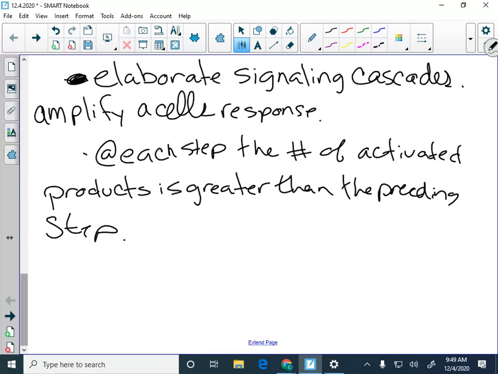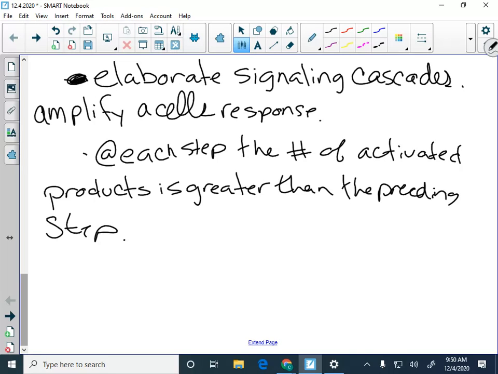So if an active protein kinase 1 activates 2 protein kinase 2s, and each of these protein kinase 2s activates 2 protein kinase 3s, and so on and so forth, we can get a pretty big cell response triggered by just one signaling molecule.